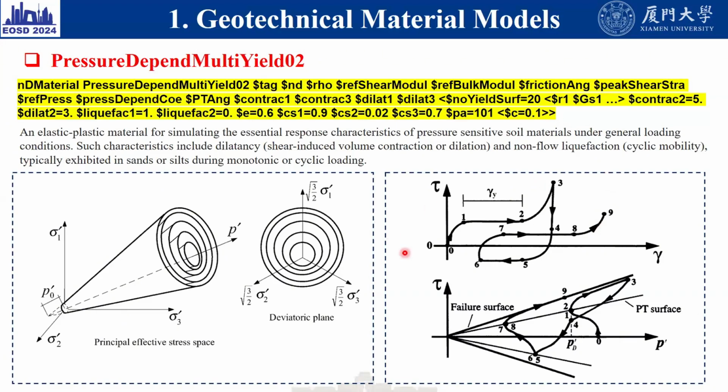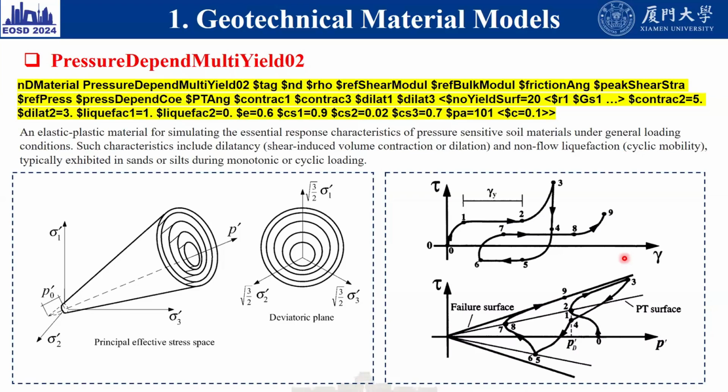This is also a multi-yield surface model defined in principal effective stress. The figure here shows the logic of the model. For the soil, we have a PT surface line, which means phase transformation. Below this PT surface, we have contraction. The soil compacted.